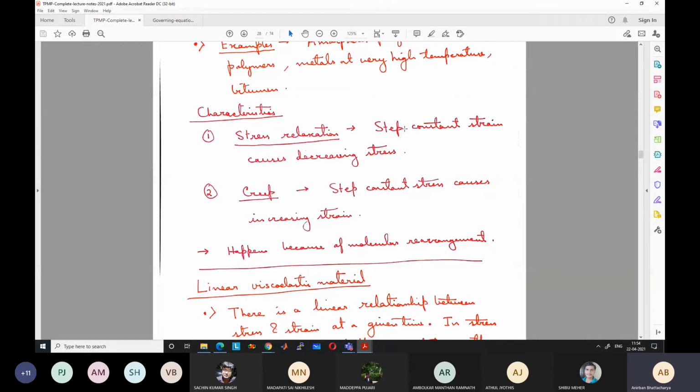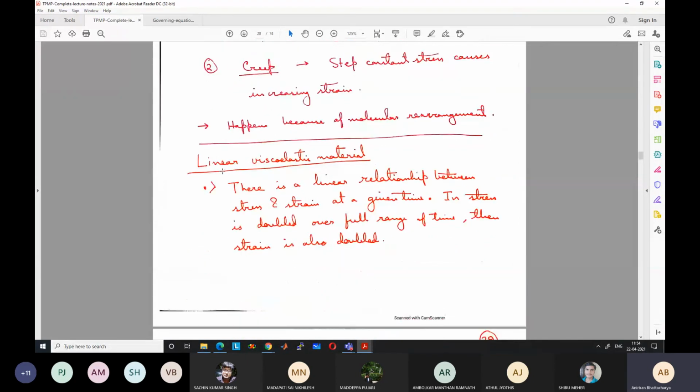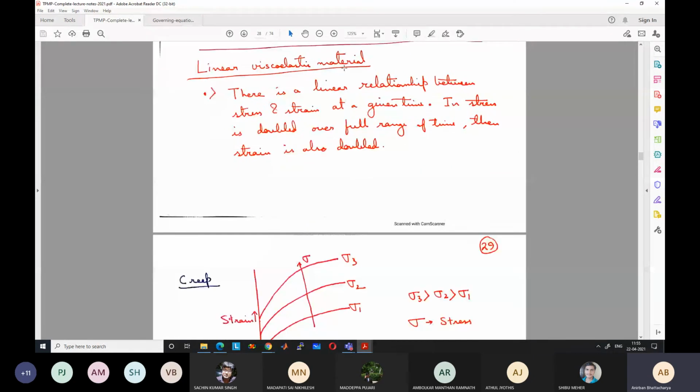One special type of viscoelastic material is linear viscoelastic material that we are going to study. Linear viscoelastic material is a viscoelastic material where the relation between stress and strain at any given time is linear. The stress and strain can vary with time, but their relation at any given time will always be linearly proportional.